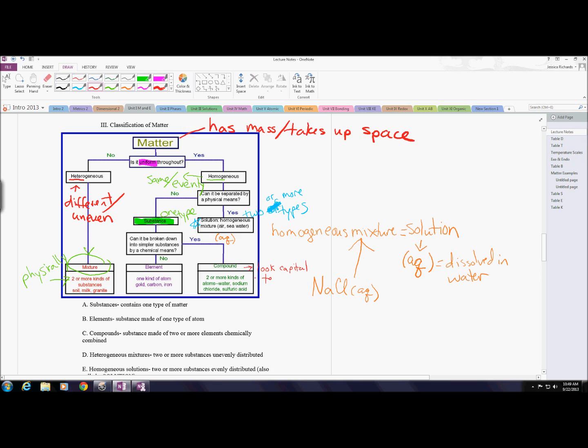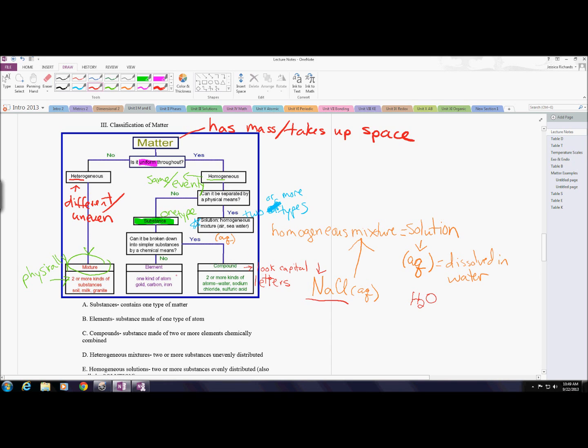So in the previous unit we said that when you write elements, the first letter has to be a capital letter, the rest are lowercase. So if I look at a formula and I see one, two capital letters, it's a compound. Water, H2O, one, two capital letters, compound.